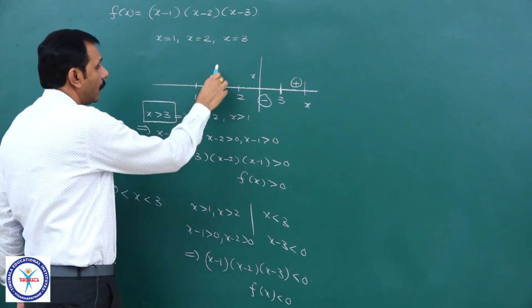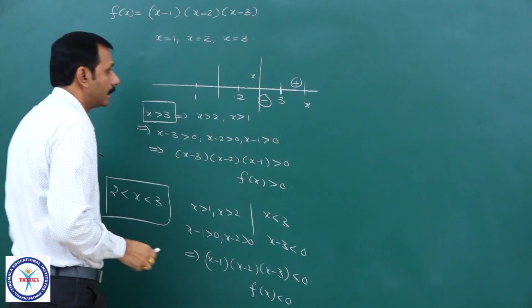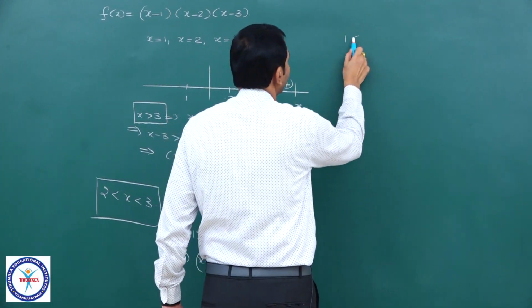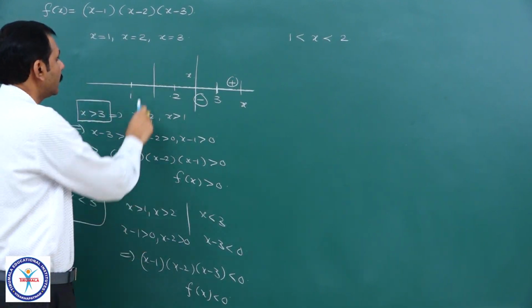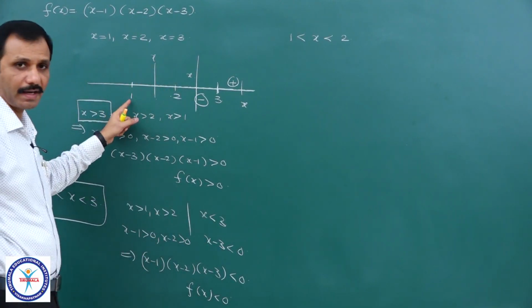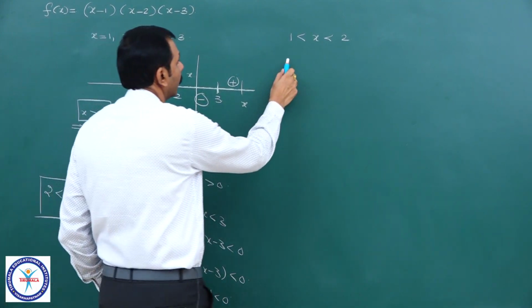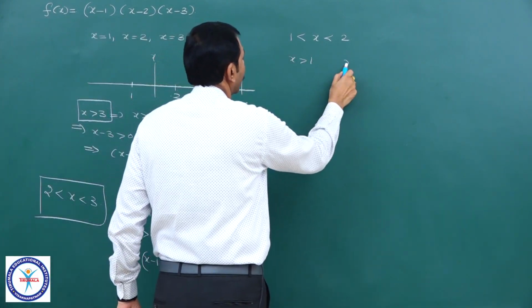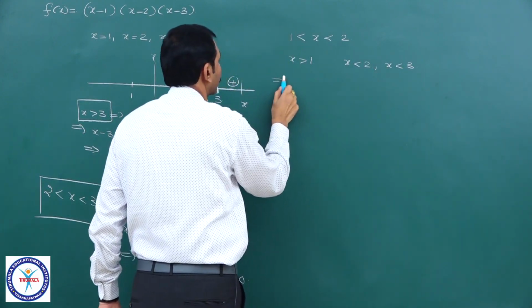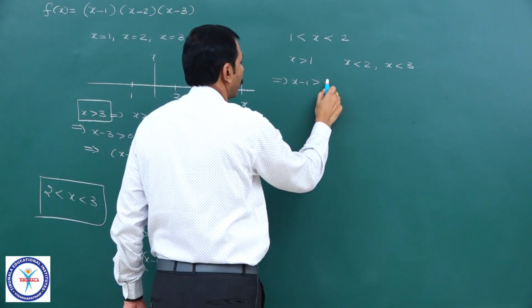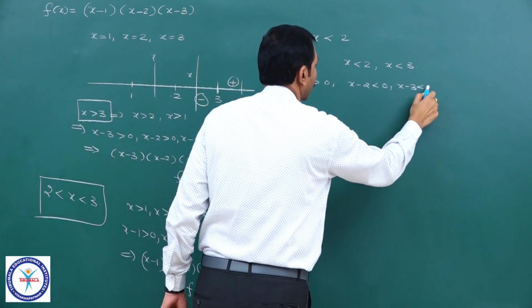And next possibility, x may be between 1 comma 2. For this we have seen the discussion. When 1 less than x less than 2, if I take x somewhere here, it is greater than 1, but of course it is less than 2 and less than 3. That implies x minus 1 positive, x minus 2 negative, x minus 3 also negative.